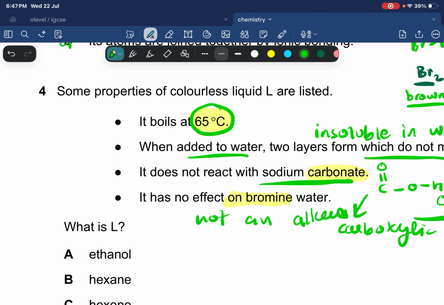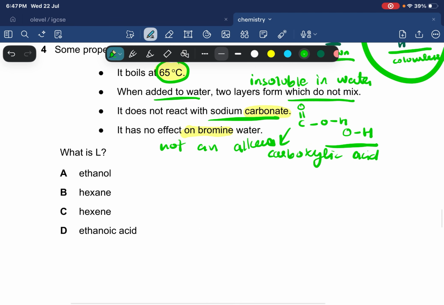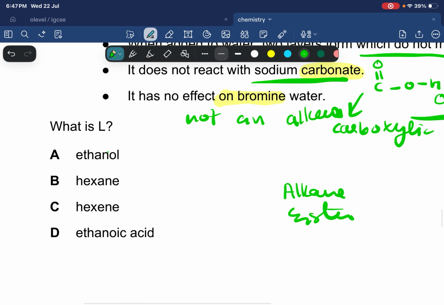If it's not alcohol, not carboxylic acid, not alkene, then it's going to be an alkane, or it can be an ester or something like that. Ethanol, no. Ethanol should dissolve in water. Hexane, yeah, it can be hexane. Hexene, it cannot be, because hexene should have an effect on bromine water, because hexene has a double bond.